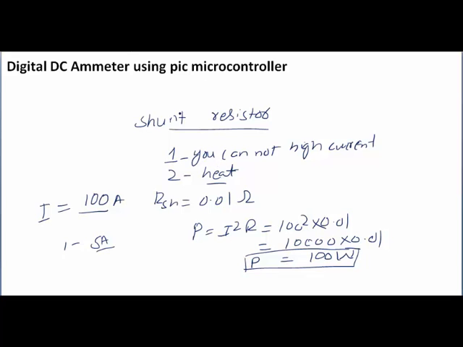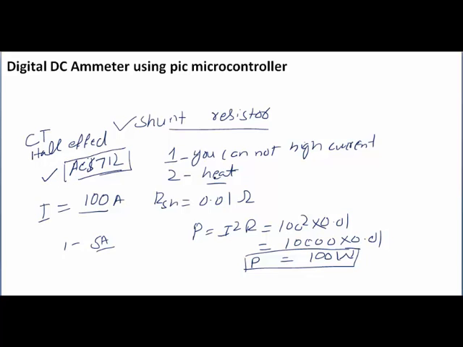So the shunt resistor method is suitable only for low current measurement circuits, and if you want to measure high current, you should use a current transformer or Hall effect sensor. I recommend you to use ACS712 because it is cheap, we can measure both AC and DC, and it has more accuracy as well.